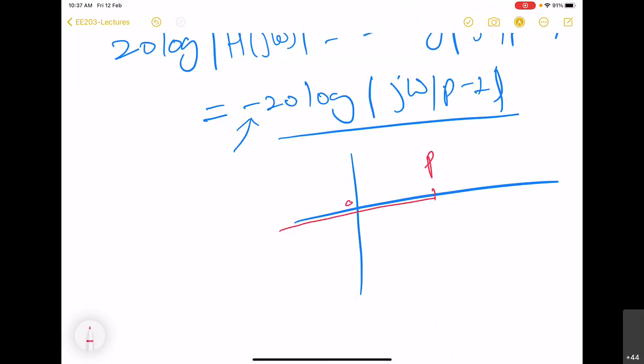The curve will coincide with y equal to 0 till the pole, and after this it will be a straight line passing through omega equal to p with a slope now of minus 20 dB because of this minus sign. So this is the magnitude plot for a pole not at origin, a pole located at a certain non-zero frequency.